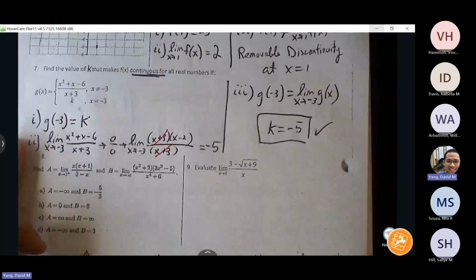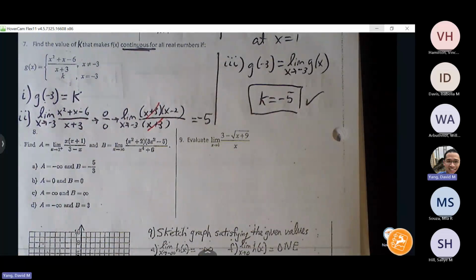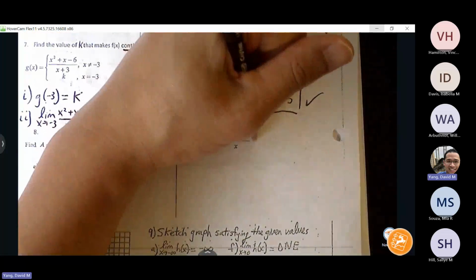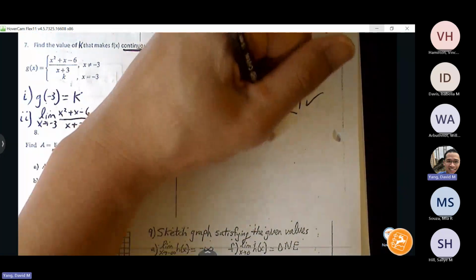All right, so let's look at number 9 here. Evaluating limits as x approaches 0. So first things first, we plug in 0. 3 minus root 9 is 0. 0 over 0. We know there's a hole.